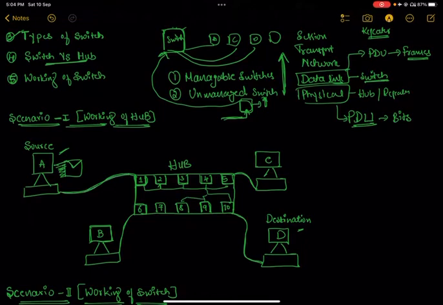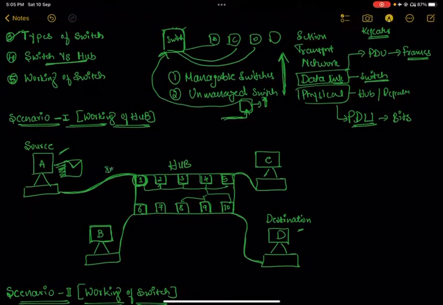Always remember this, right? Except port 1, the hub, or any other devices like the repeater, switch, and usually router, doesn't broadcast the packet back. So all these devices from layer 1 and layer 2 broadcast the packets to all the ports except the incoming port. Here the incoming port would be port 1.